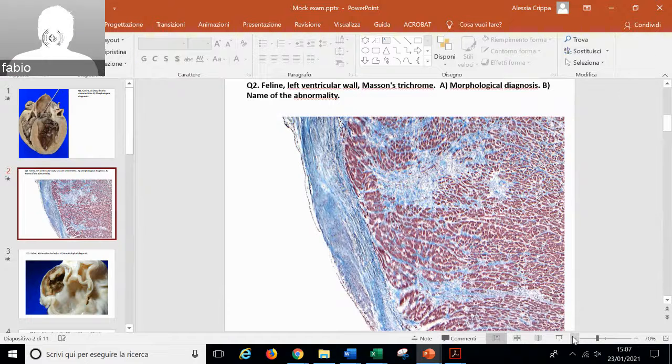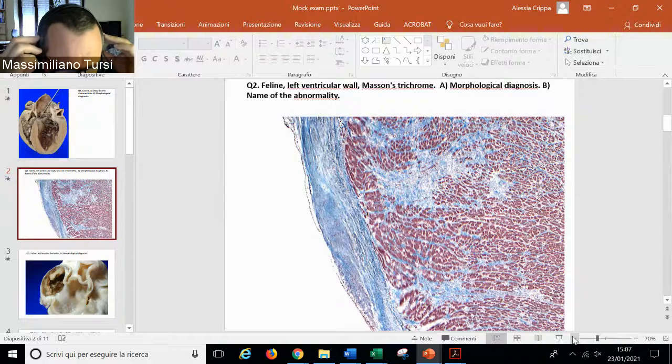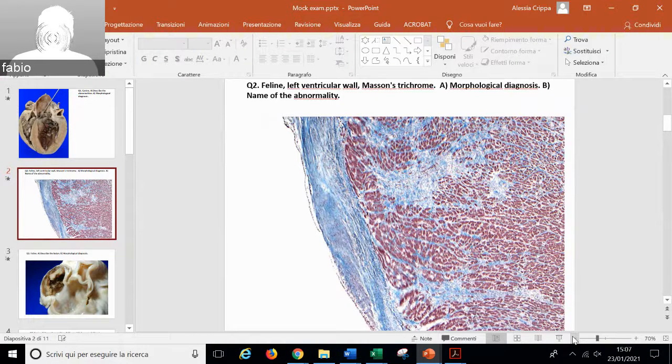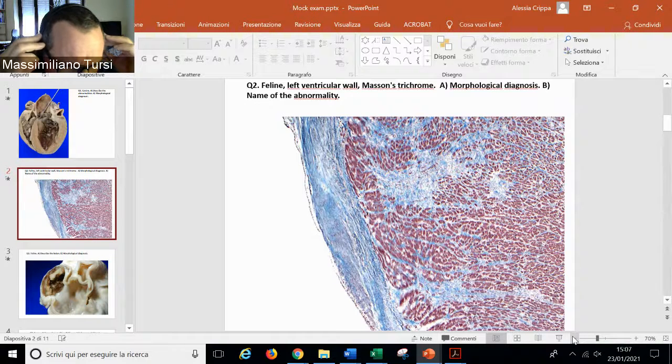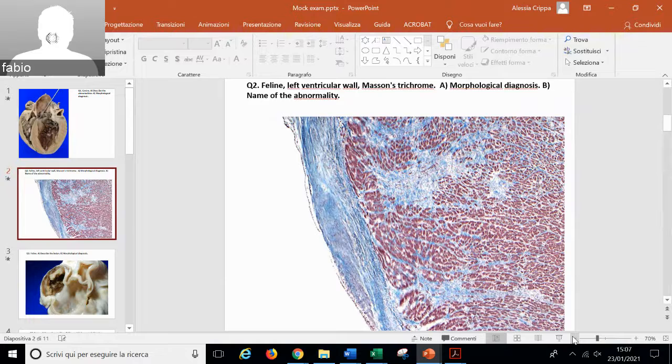So diffuse severe fibrotic thickening could also be a possibility. And for the myocardium, it could be multifocal replacement of myocardium by fibrotic connective tissue. That's enough. Perfect. Thank you.